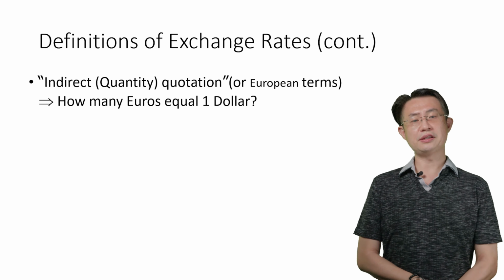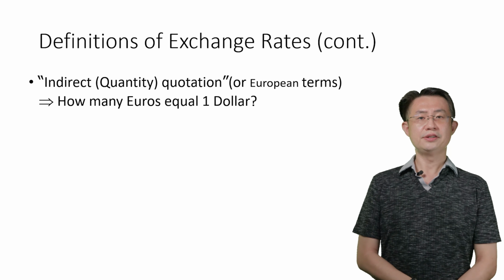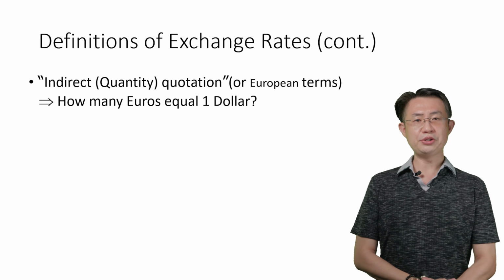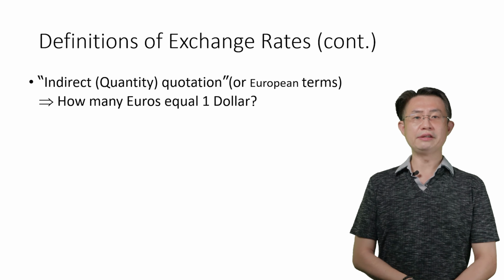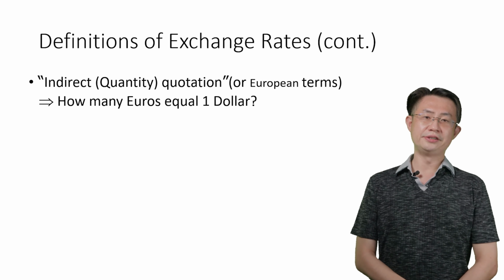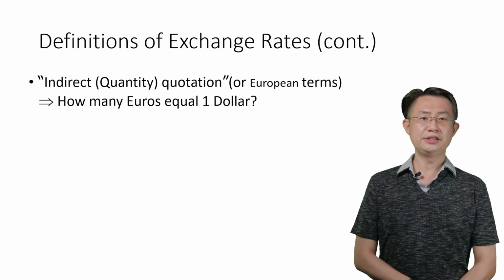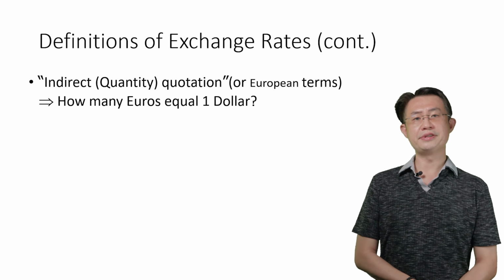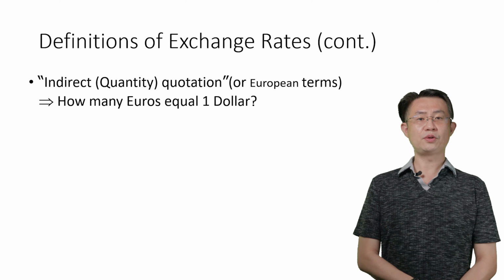We want to illustrate the exchange rate between the US dollar and the Euro. In the first way, I want to figure out how many euros equal $1, right? So in direct quotation, we will consider the US dollar as the base currency, okay? And the Euro will play the role of the core currency.